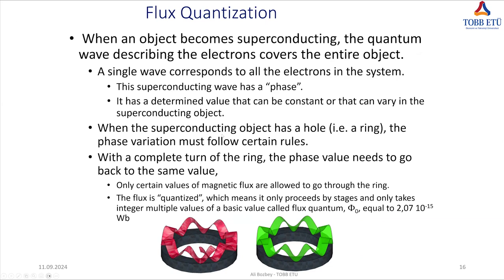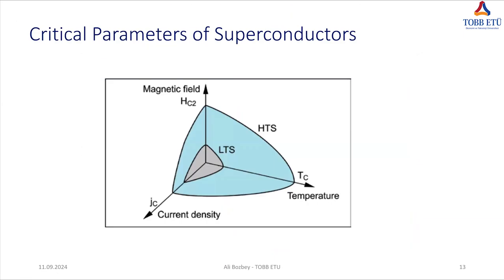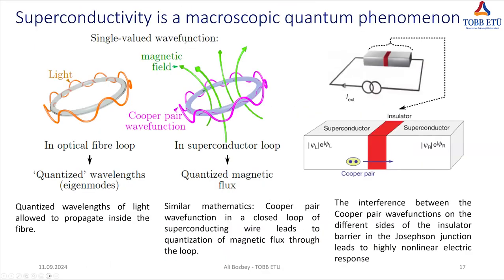So for a material to be called a superconductor, flux quantization, the Meissner effect, and zero resistance should be observed. We will use these properties in the following slides. Hence, we say that superconductivity is a macroscopic quantum phenomenon.